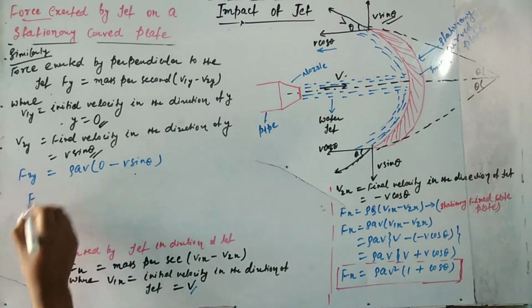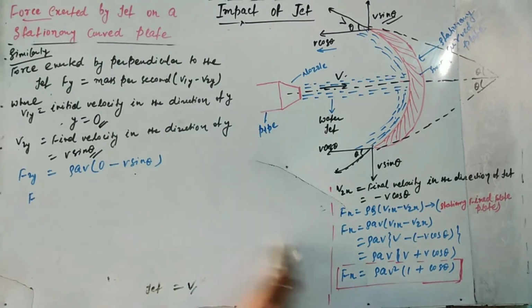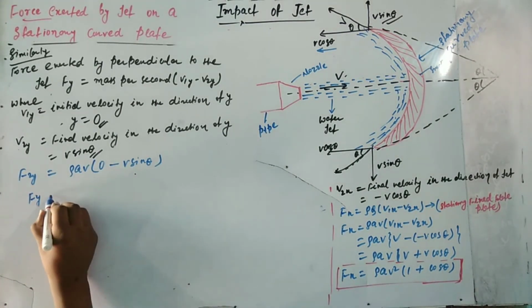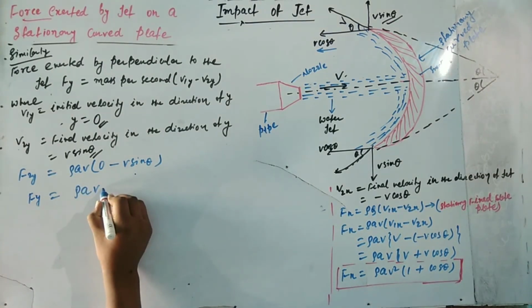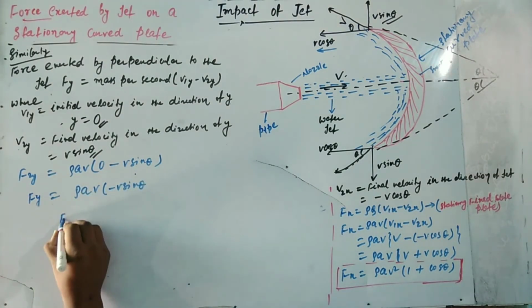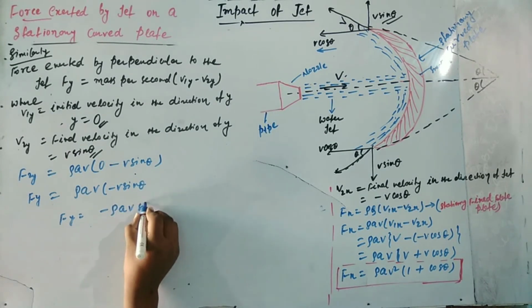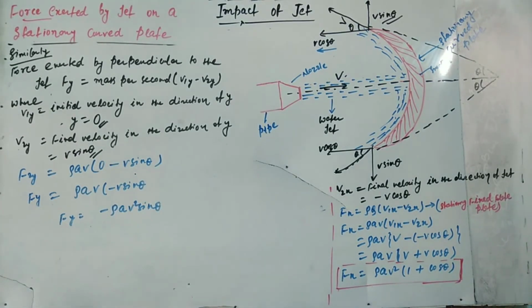So Fy equals rho A v into (0 minus v sin theta), or Fy equals rho A v into (minus v sin theta). So Fy equals minus rho A v squared sin theta.